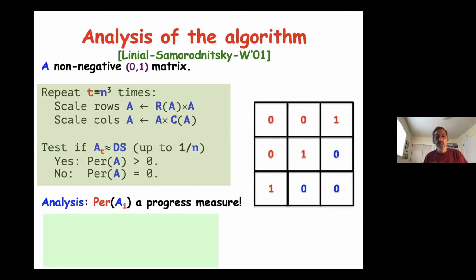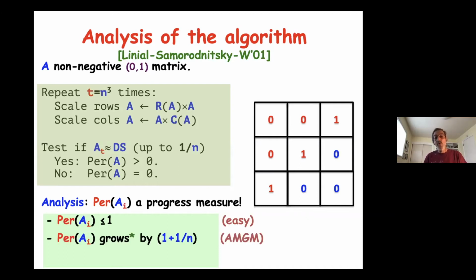The three steps in every such proof in dynamical systems are always the same. You want to show that throughout the sequence, this progress measure is bounded. Here it's easy to see that it's bounded by 1. You want to show that it grows, and it grows, whenever it has room to grow, by at least a factor of 1 plus 1 over n.